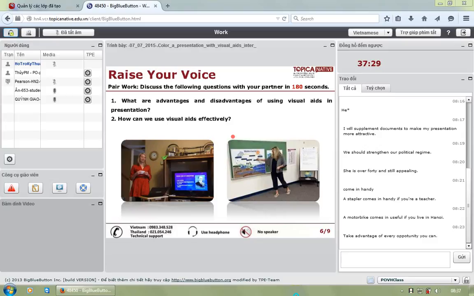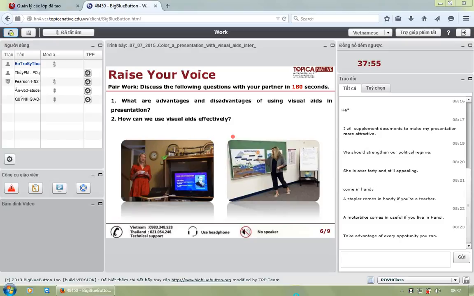With visual aids, they find it easy to focus and concentrate on our lecture, it's more attractive, and the children like to learn.